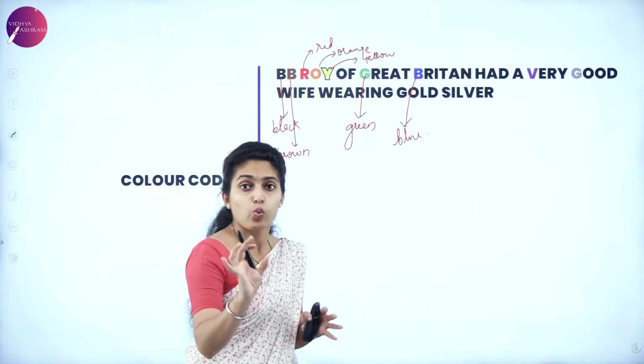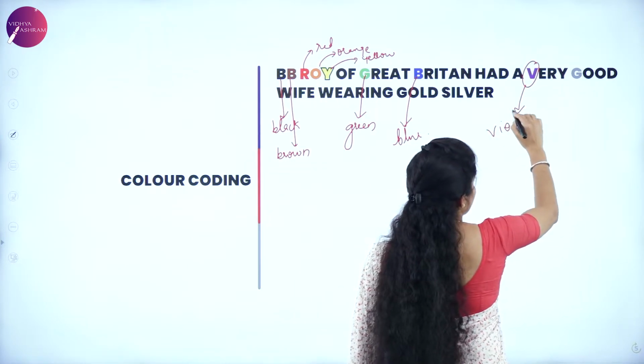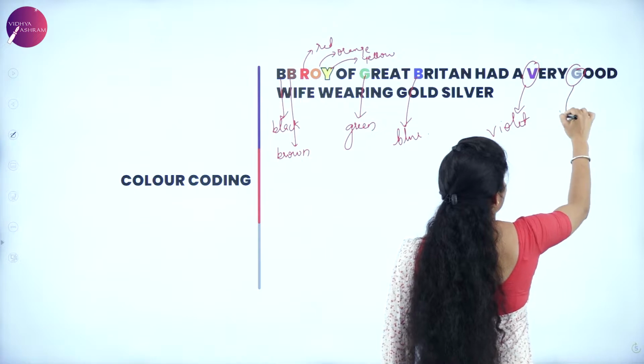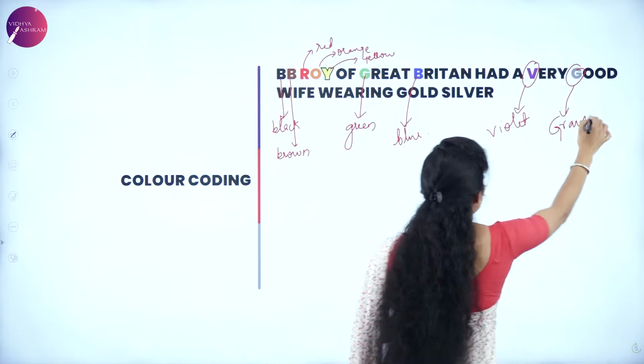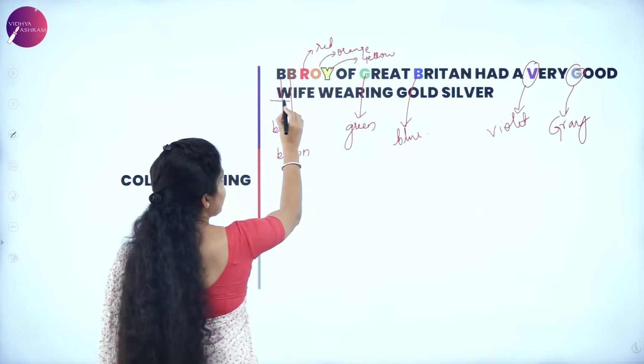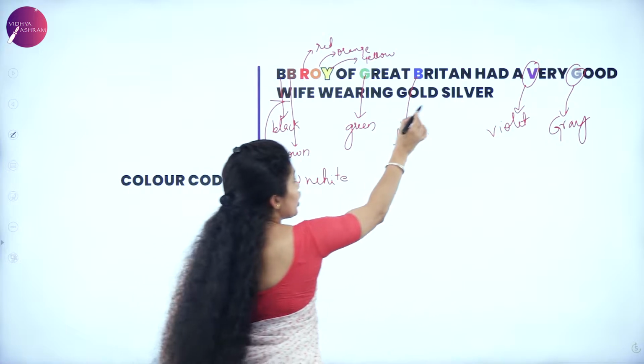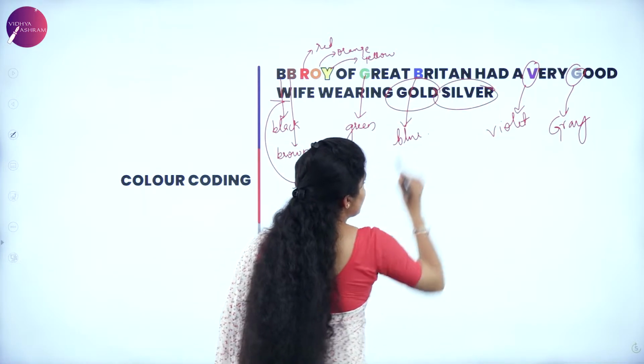Had a very: V is violet, G is grey. First it is green and then it is grey. Had a very good wife: W is white. Wearing gold is one color, silver is one color.